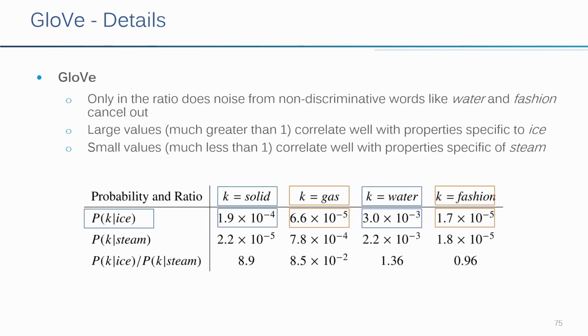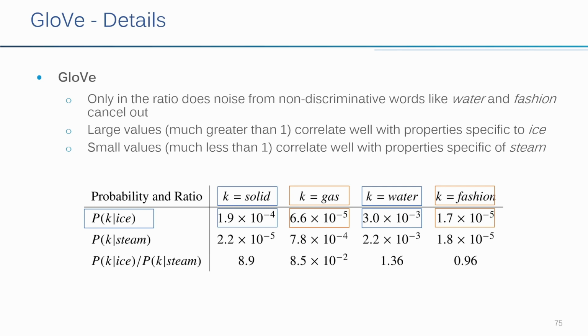And what are those properties per se? Let's say the probability of a word k given the word ice, and consider that you have a large corpus to calculate this. If the word is related to the context word, you will end up with higher values, higher by about one order of magnitude.